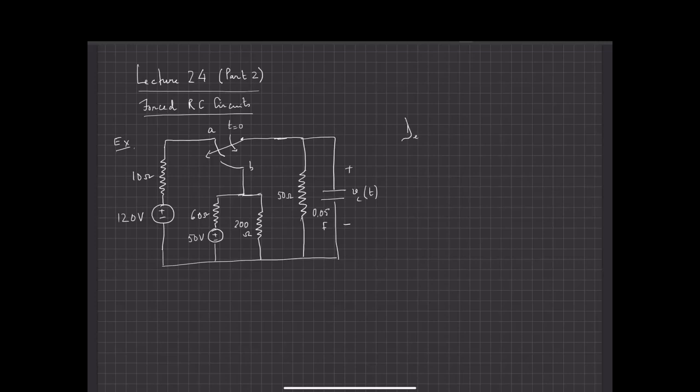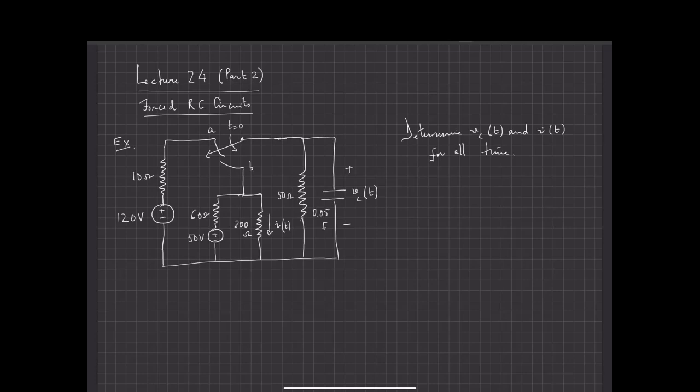The problem states determine Vc of t, and in addition to Vc of t, I'm now going to ask also that we determine I through the 200 ohm resistor, I of t, for all time.